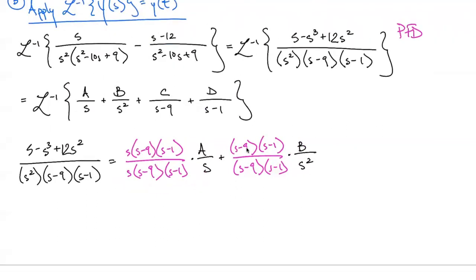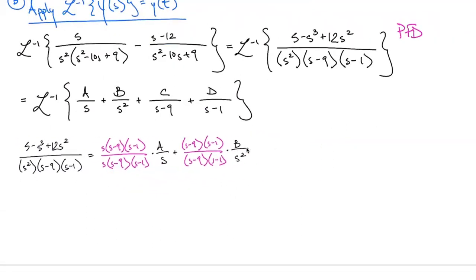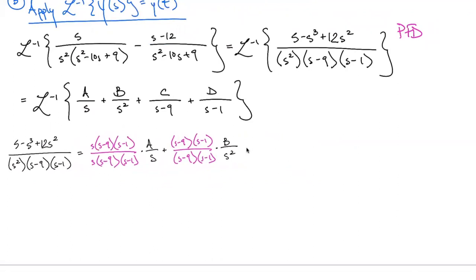All right, looks like we're going to need to shrink this down a little bit to make it all fit on one line. For C, I'm going to need to multiply by s squared times s minus 1. And that'll be C over s minus 9.